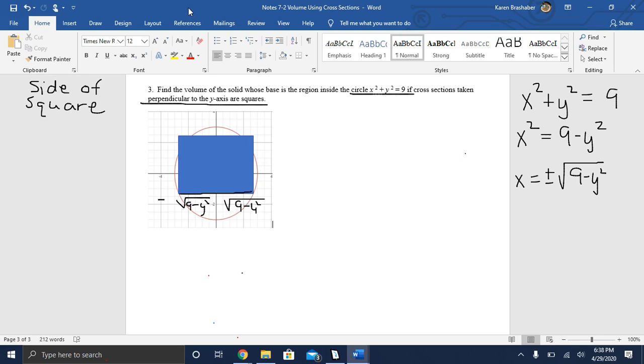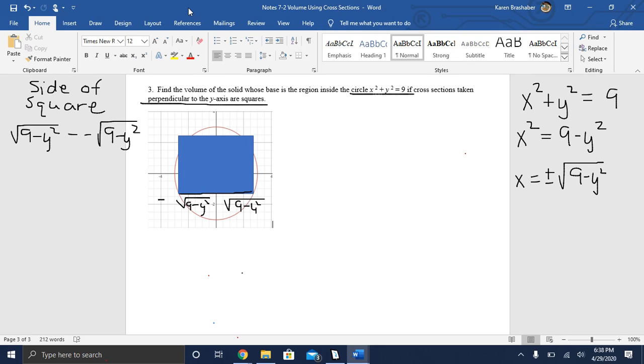And so the length of a side of the square, no matter where that is, would be the right side, square root of 9 minus y squared, minus the left side. So minus negative square root of 9 minus y squared.